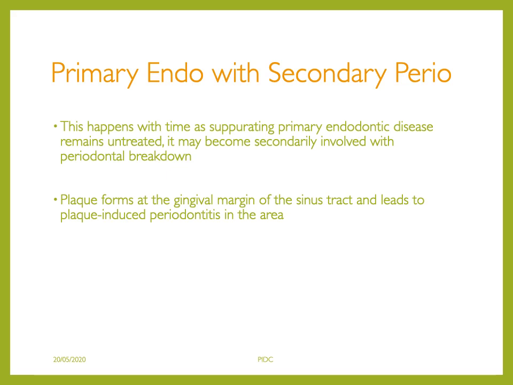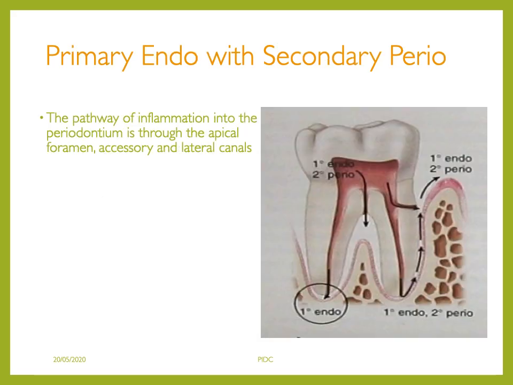In a primary lesion there is no periodontal breakdown, only the gingival sulcus is affected, whereas here there will be a periodontal breakdown. So plaque forms at the gingival margin of the sinus tract and leads to plaque-induced periodontitis in the area. So the primary cause is endo, and if it is left untreated it causes periodontal breakdown.